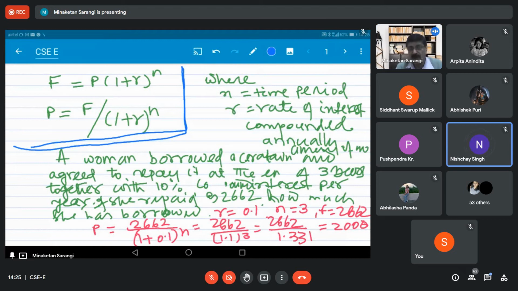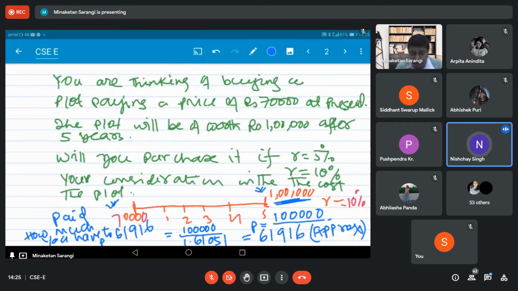Sir, I have a doubt that when we are finding a 10% rate of interest, then we are looking for a profit of 10% in the future. No, okay. So here, Nisha, please concentrate on the last part of the question. Your consideration is the cost of the plot.